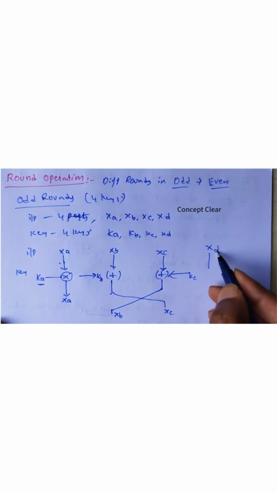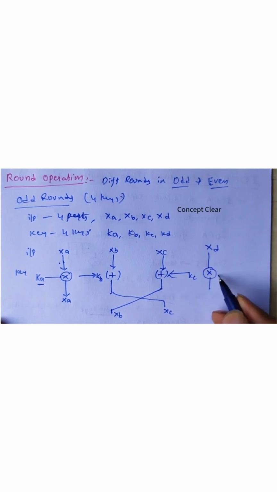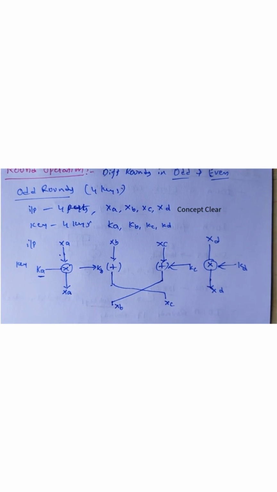Here XC produced XB, XB will generate XC. Here it will take the KC key. And what about the last one? XD data will perform a special multiplication operation with key KD, and it will produce XD. Okay, this is about the odd rounds operation.